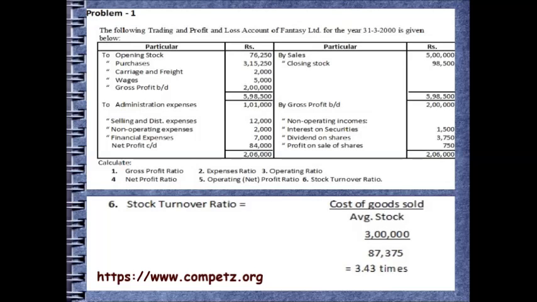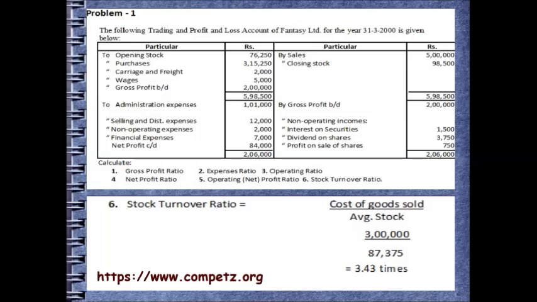Then the last ratio to calculate is your inventory turnover ratio, also known as your stock turnover ratio. So friends, in stock turnover ratio, the formula is your COGS, cost of goods sold, which we had already calculated, divided by your average stock, that is your opening stock plus your closing stock divided by 2. We will start the solution.